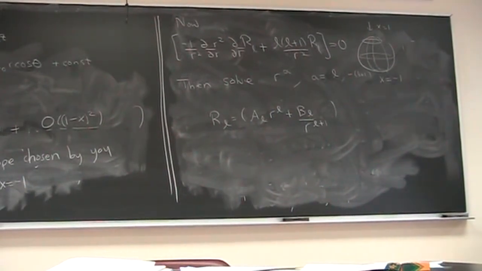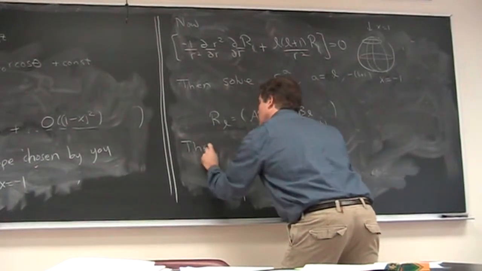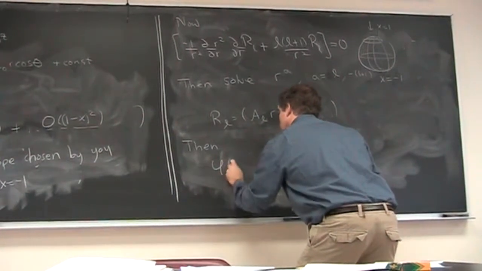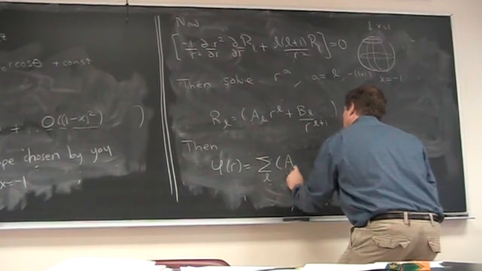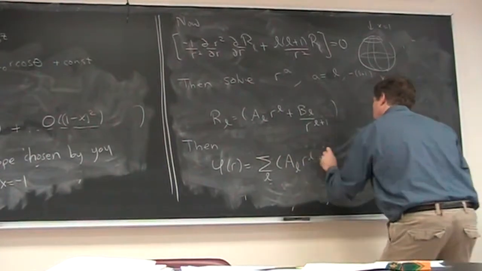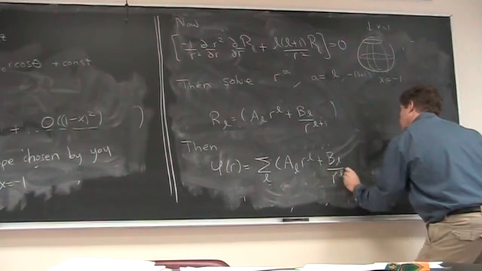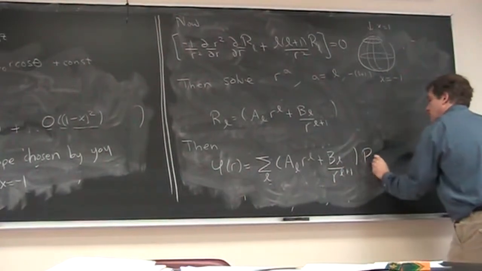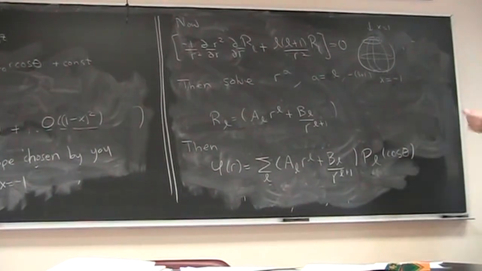Good. So putting it all together, you have a general solution: a sum over L of A_L r to the L plus B_L r to the minus L plus 1, times some eigenfunctions in the theta direction, which are the Legendre polynomials.